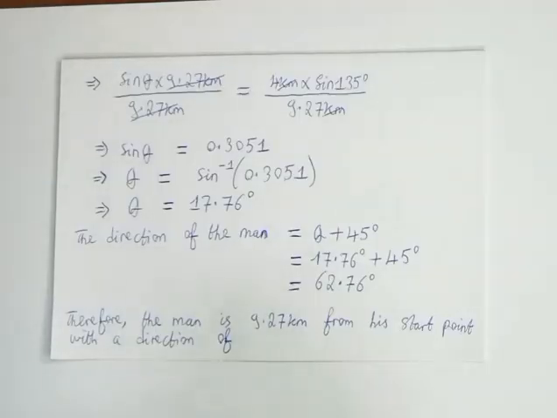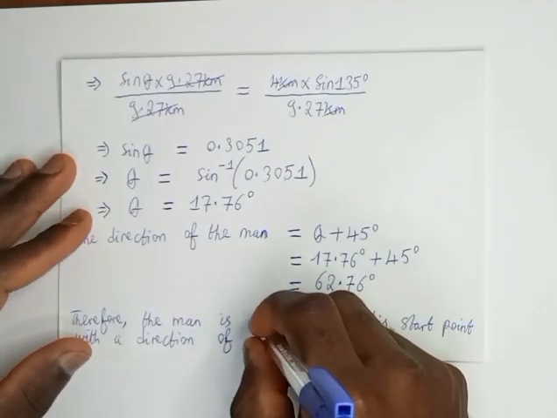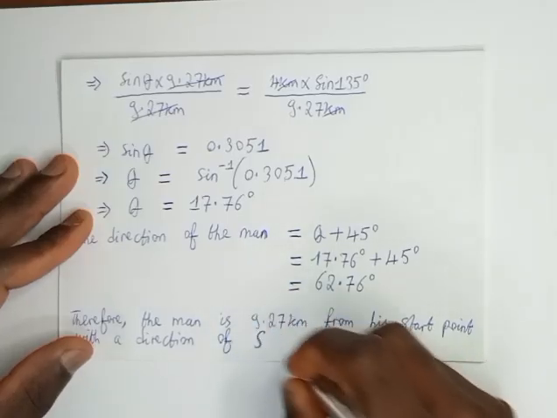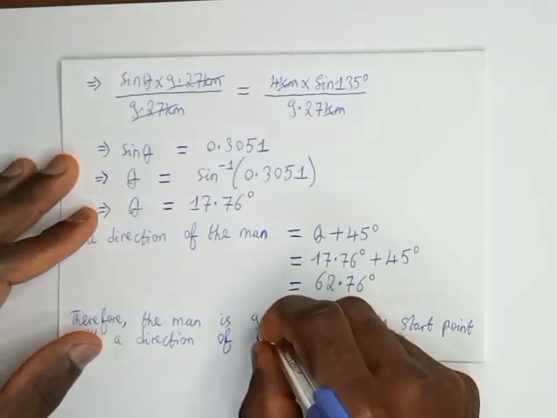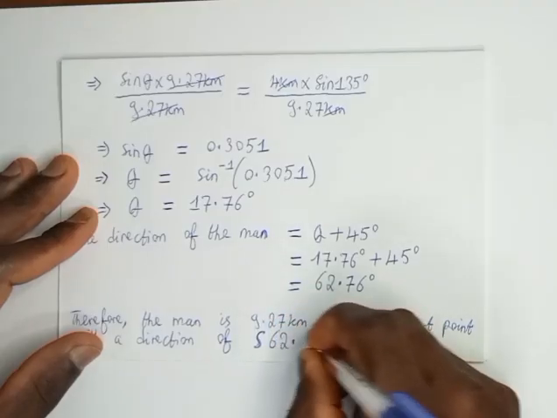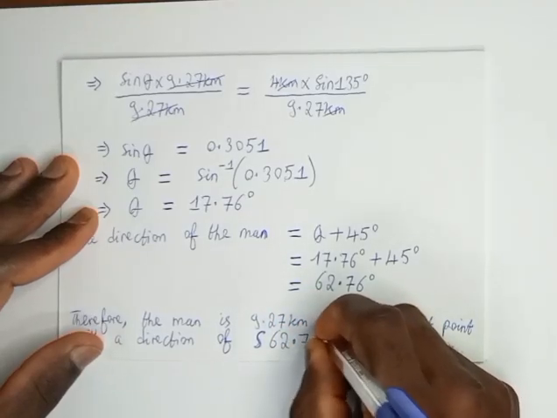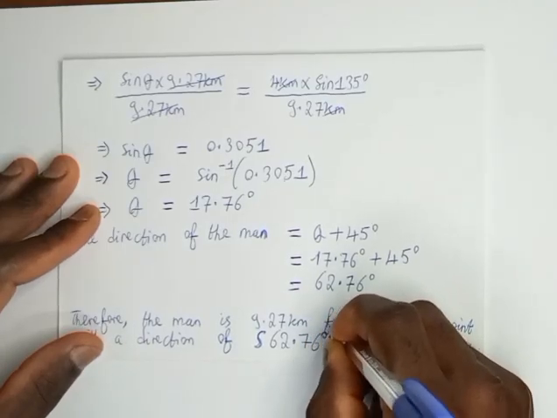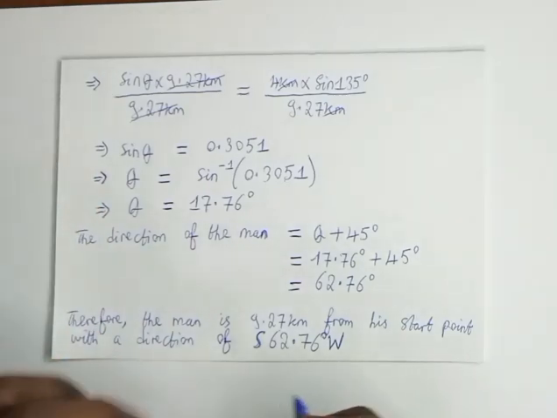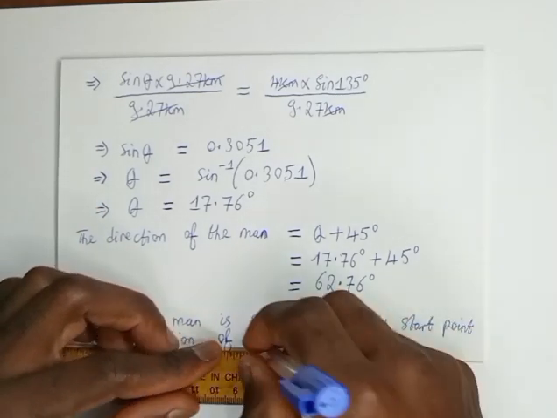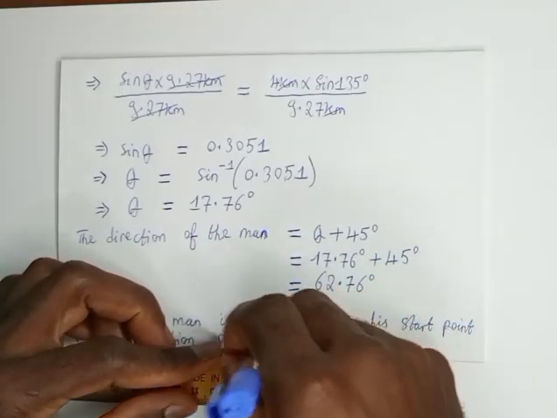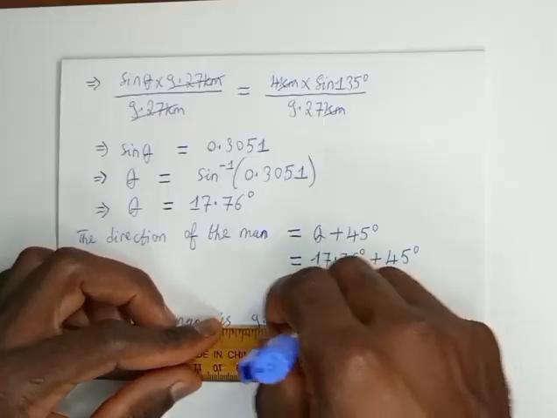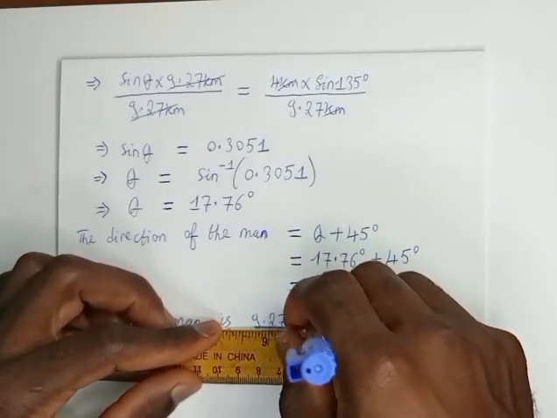We are going to give this as south 62.76 degrees west. This is the direction of the man. So we underline the distance and the direction of the man.